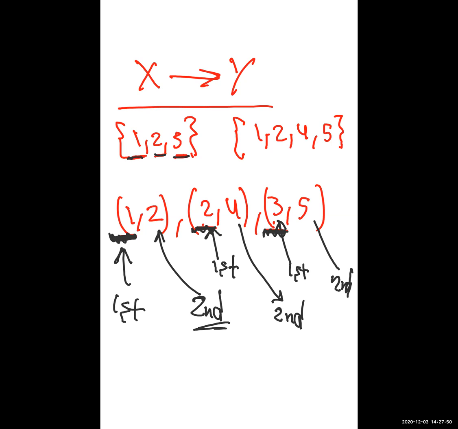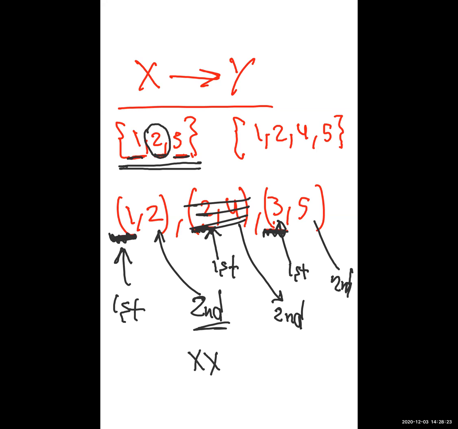Now this one, guys, is a function. But if this is not 2, this one doesn't exist, this means 2 didn't appear as a first projection. So this one, of course, is not a function.